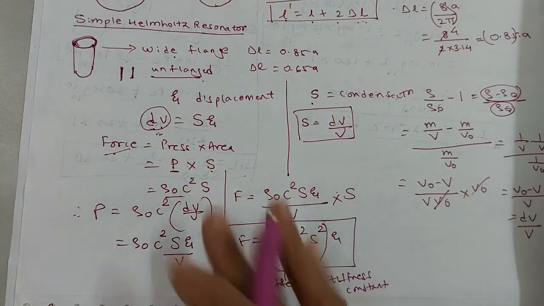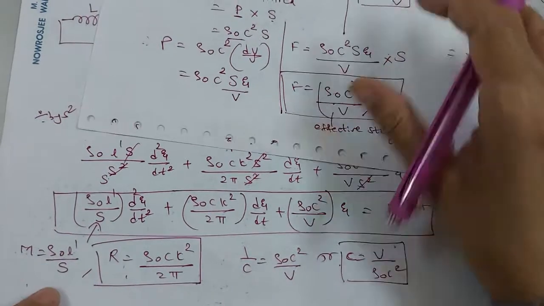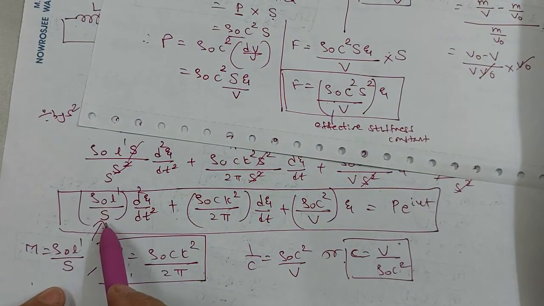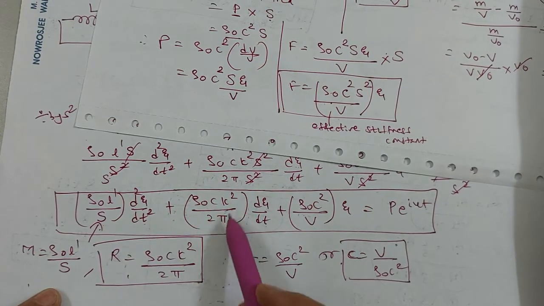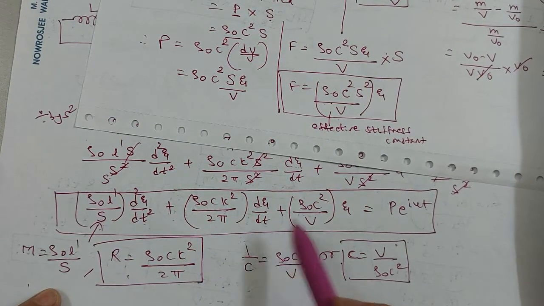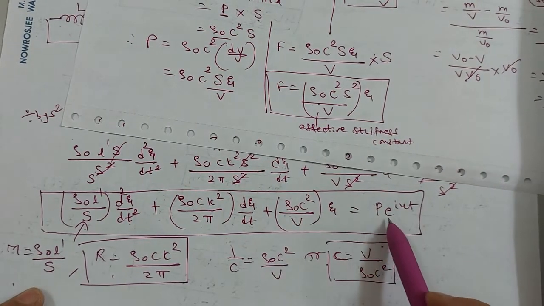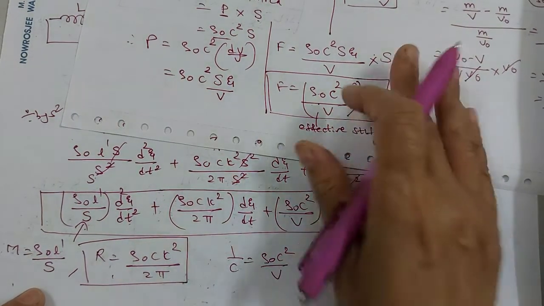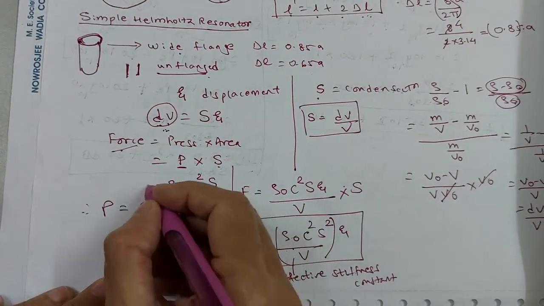Okay, in the last lecture we got the equation rho 0 L dash by S d2 zeta by dt square plus rho 0 c k square upon 2 pi d zeta by dt plus rho 0 c square by V zeta is equal to p e to the power I omega t. Only one thing I need to verify, which is the value of the pressure.